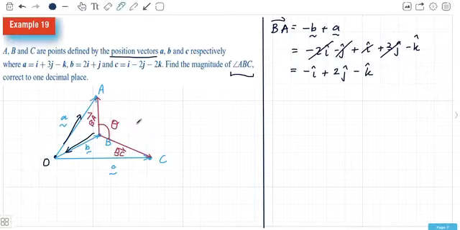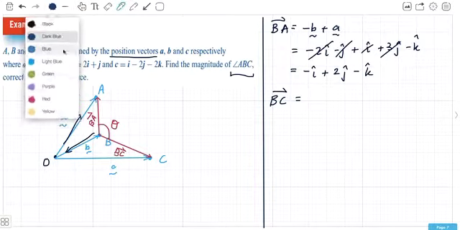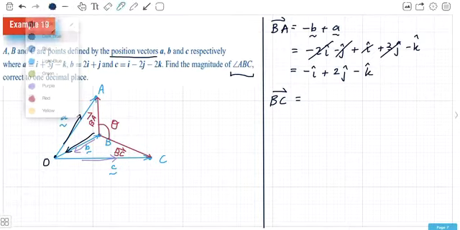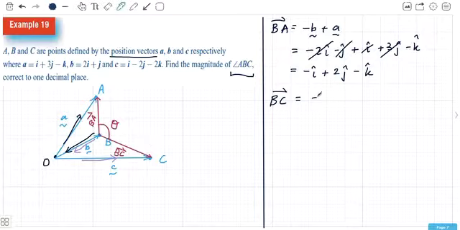The next vector we're looking at is B to C. If we want to go from B to C, again we'd have to travel back along B, from the tail to the head, and then along this vector, which is C. Let me rewrite that, it doesn't look like a C. There's C. So we've got negative B, travelling back along that B vector, and then travelling positively along C. Again, negative B is negative 2I minus J, plus C, which is plus I minus 2J minus 2K.